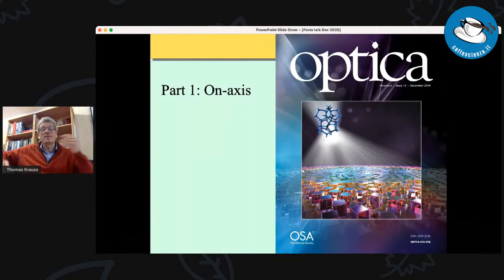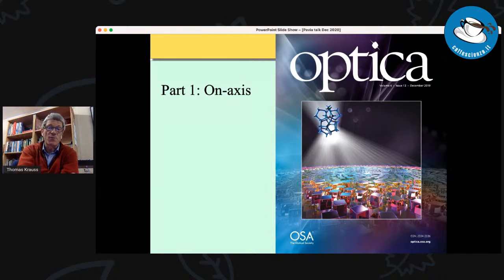Now, let's start with the science and how all this works. We recently published a review paper that came out in December last year, so about a year ago, where we explained some basic principles. So if you want to learn more about it, there's a good resource for you. And I've structured the talk in 2 sections.